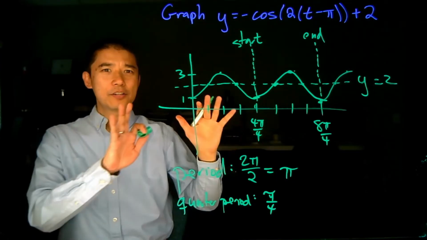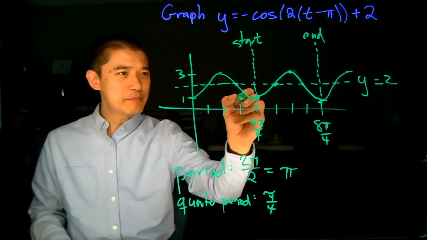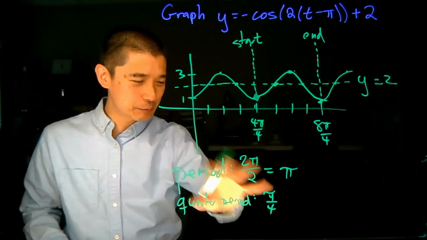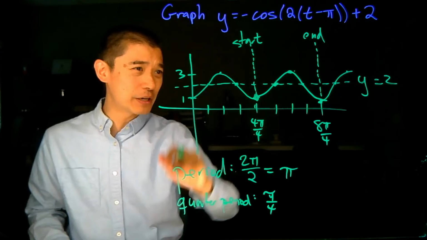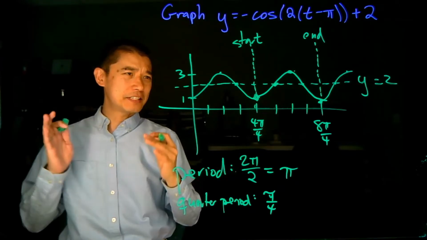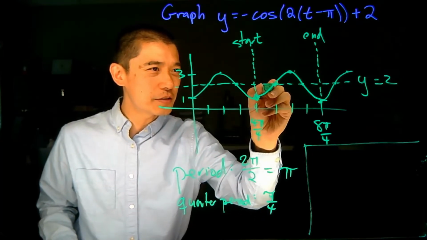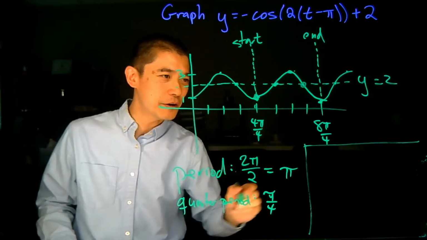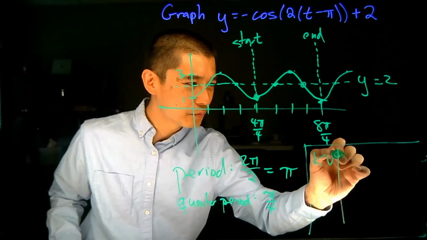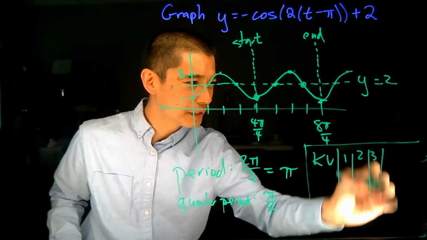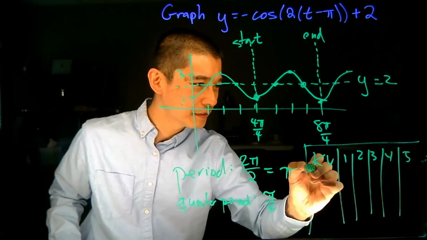Right? So we've been able to sketch this graph, and because of how we've done this, because we've already worked out the quarter period and sort of all the rest of the bits and pieces, we can actually see what the key values are going to be. Again, we could write it as a chart, or you can just make sure you explicitly label the points as we go. For our key values, 1, 2, 3, 4, and 5.